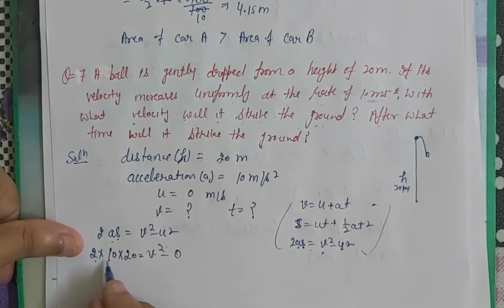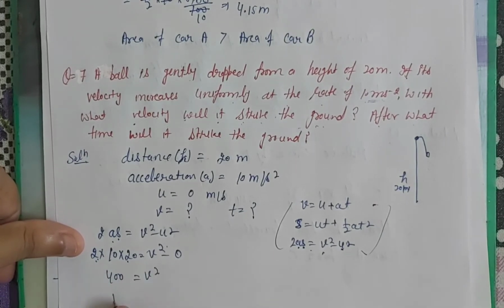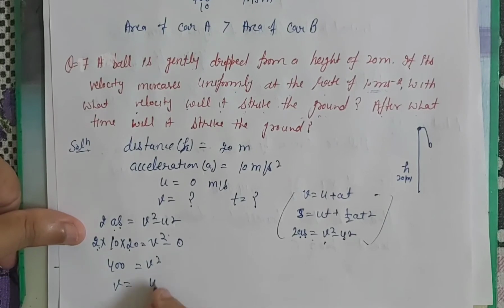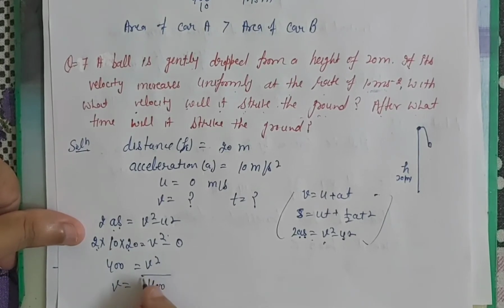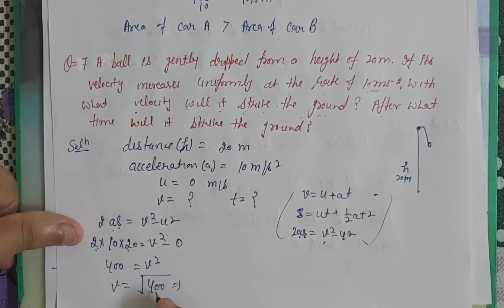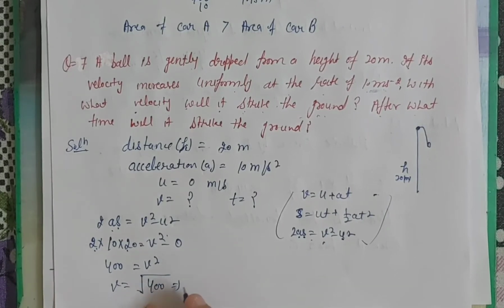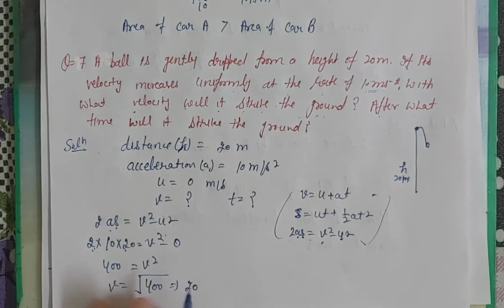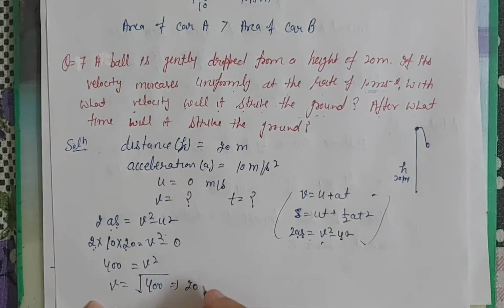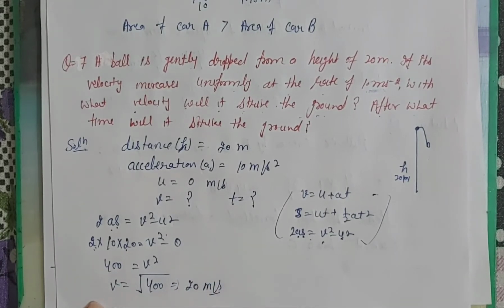So when we multiply it, 2 times 10 times 20, that means 400 is equal to v square. So v is equal to the square root of 400, and the root of 400 is 20. So the v value is 20 meters per second.